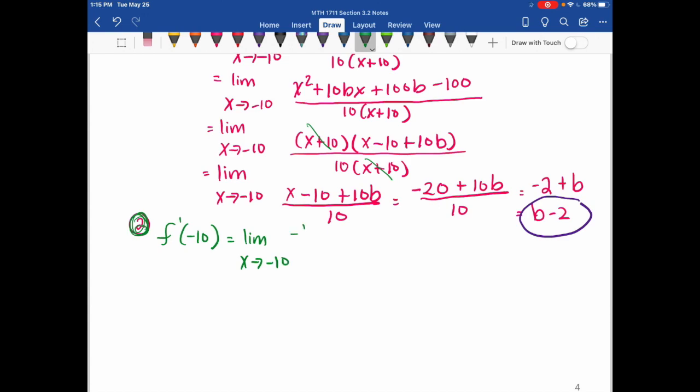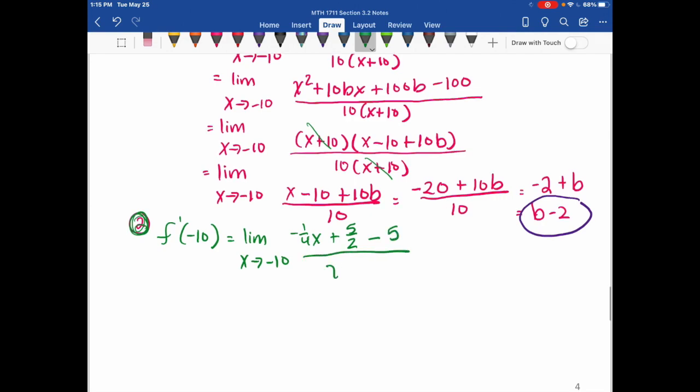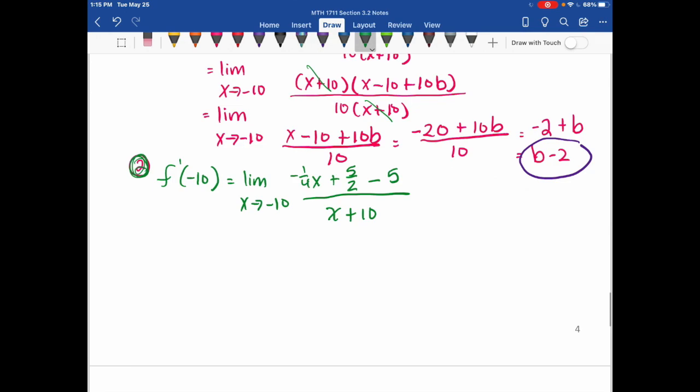So I want to do the limit as x approaches negative 10 with the second piece, which was negative 1/4 x plus 5/2, minus the value of the function, which is 5, all over x minus a negative 10, which would make it x plus 10. Okay, now I want to clear the fractions and try to simplify a bit.